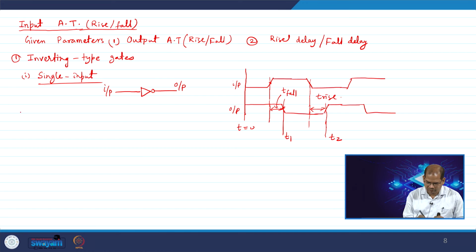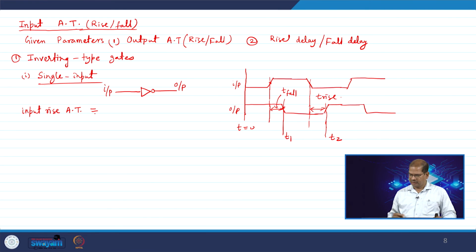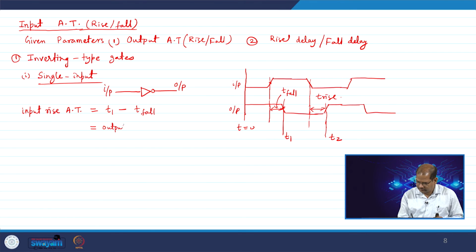So, the input rise arrival time is basically T1 minus T fall. This is the same as output fall arrival time minus fall delay.